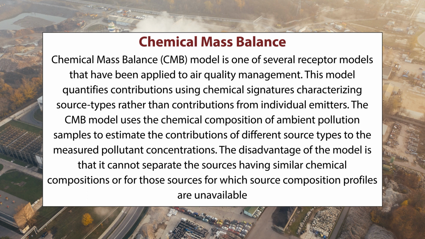That is, you get a set of pollutant concentrations in a location, and we try to match them with the source profiles which are already available, and then finally come to a conclusion that this could be from these sources.